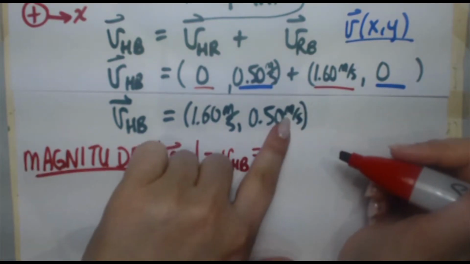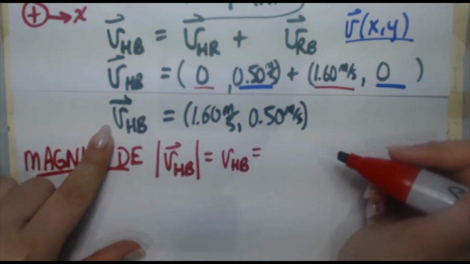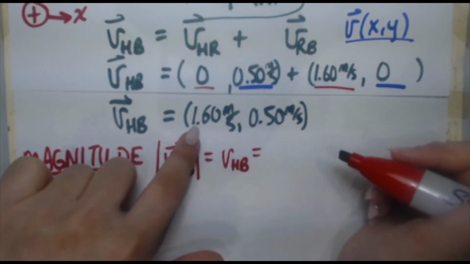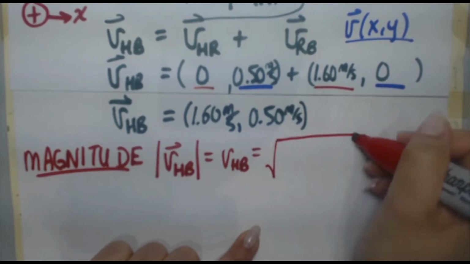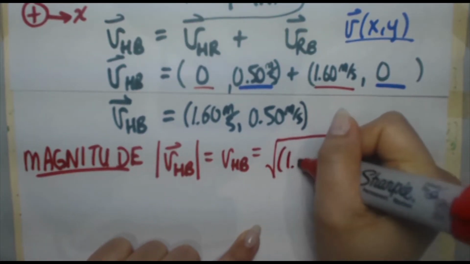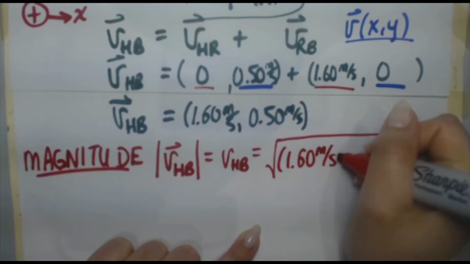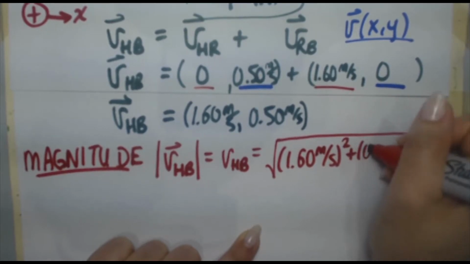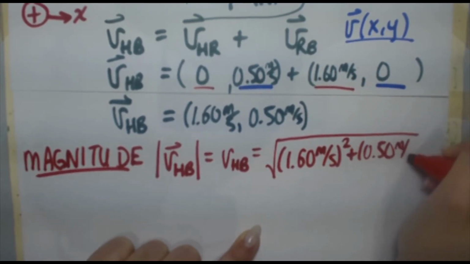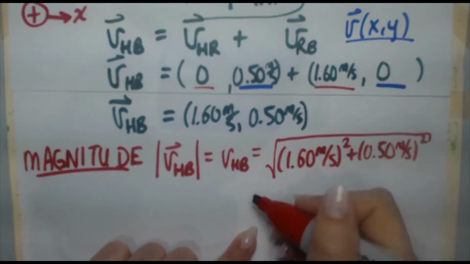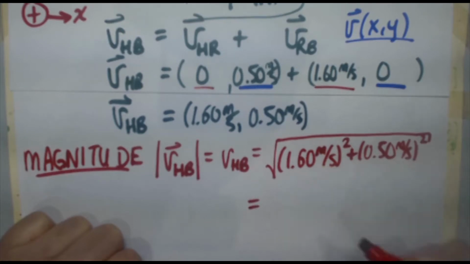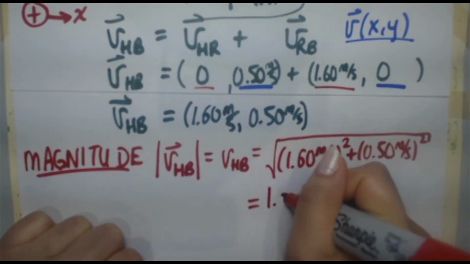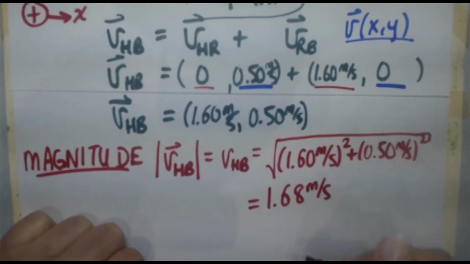You find the magnitude by adding the sum of the squares of these two terms and then taking the square root. So the square root of 1.60 meters per second squared plus 0.50 meters per second squared. The velocity of Huck relative to the bank comes out to 1.68 meters per second.